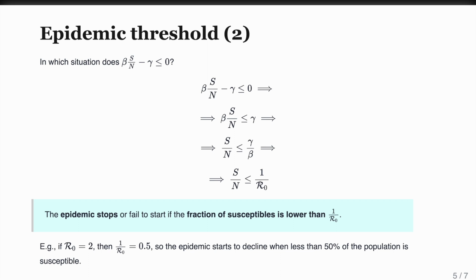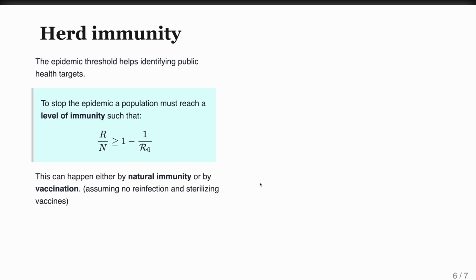we observe small outbreaks. Connected to the epidemic threshold, we have the so-called herd immunity threshold, which is just 1 minus 1 over R0.